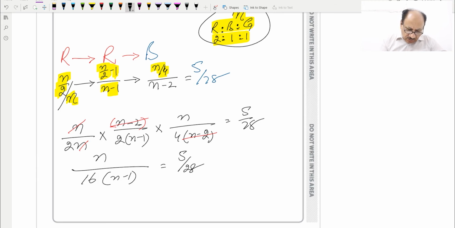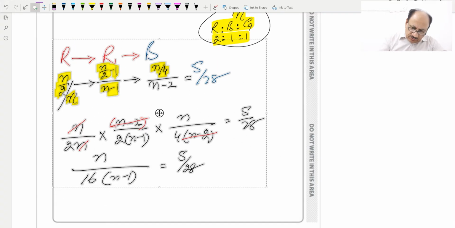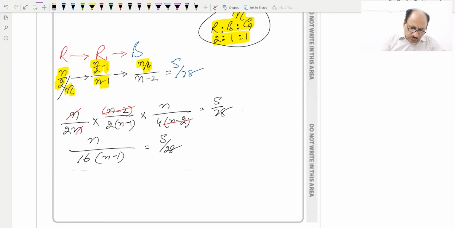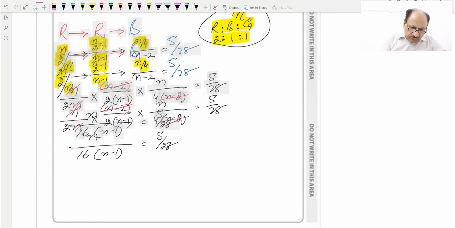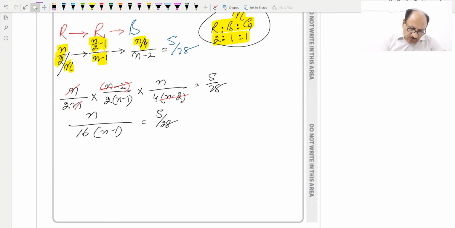And now we can cross multiply, and if I just shrink a little to make space for the next. Now this one we can cross multiply. 78n is equal to 5 into 16 will be 80, so 80 into n minus 1.